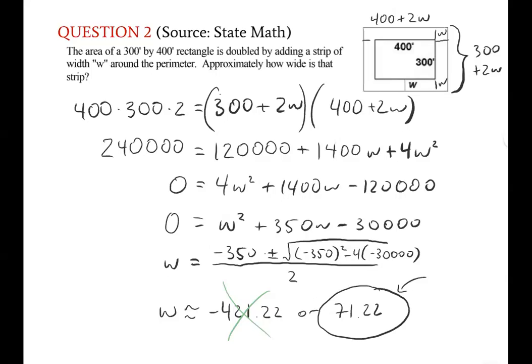Oh, yeah. So I got 71, not 71.22. This question was originally a multiple choice question, so it depends on the context of your exam, I guess. But you could guess and check, I guess.